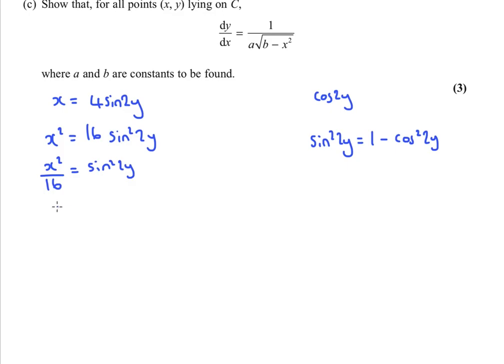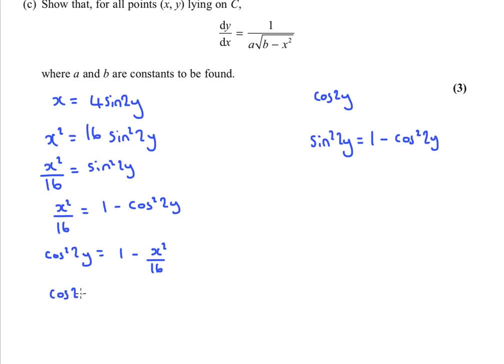So if we substitute that in here, I don't need the brackets. And then we can add on the cos squared 2y and subtract the x squared over 16, and get that cos squared 2y is equal to 1 minus x squared over 16. And so we're nearly there, we just need to square root.